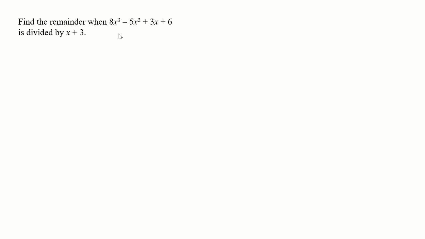But before we do that, let's recap how we do long division for numbers. Let's say we have to find the remainder when 488 is divided by 3. So 488 is the dividend and 3 is the divisor. I'm going to put 488 under the roof and 3, the divisor, outside. For the first step, we focus on just the number 4.